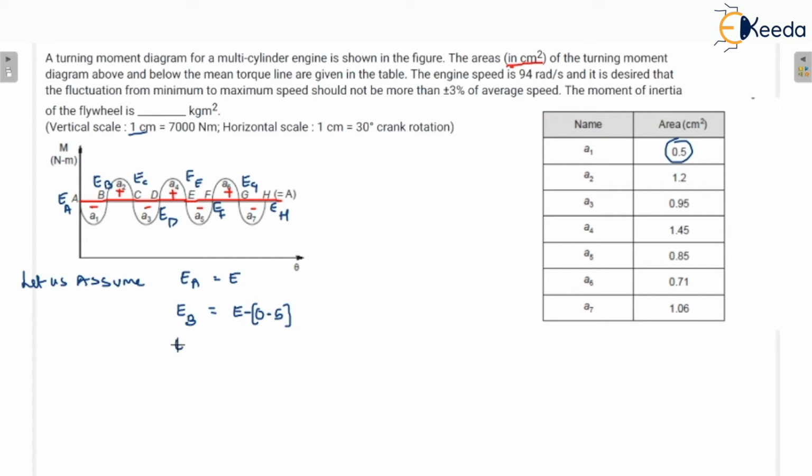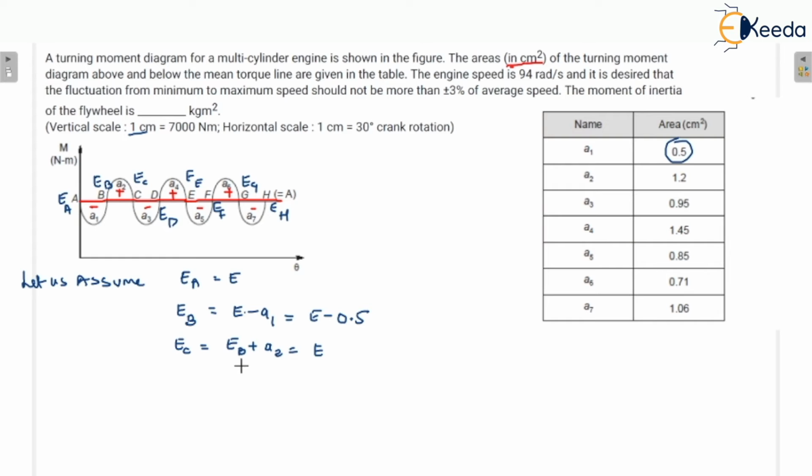Okay. So next EC would be EB plus A2. Are you getting my point? So I am writing EB plus A2. What is EB? That is E minus 0.5. You can also write it as EB is equal to E minus A1, and A1 means E minus 0.5.